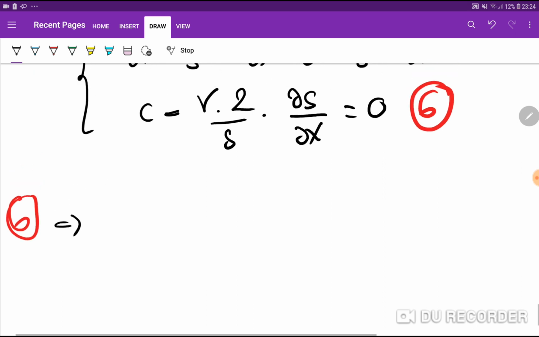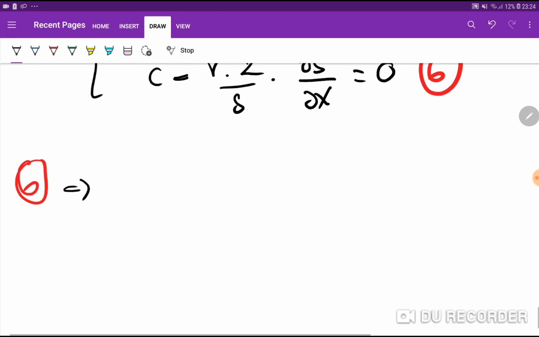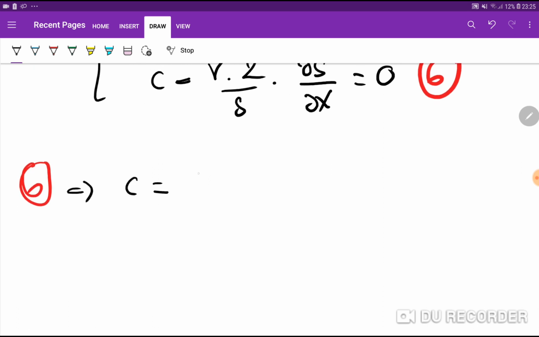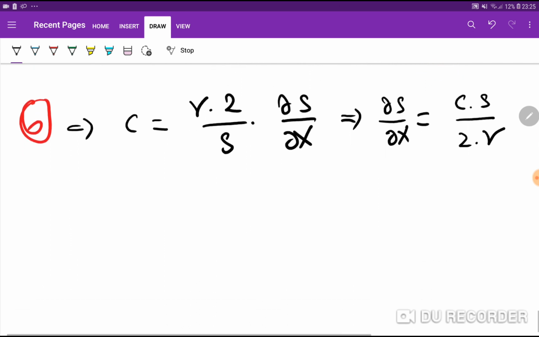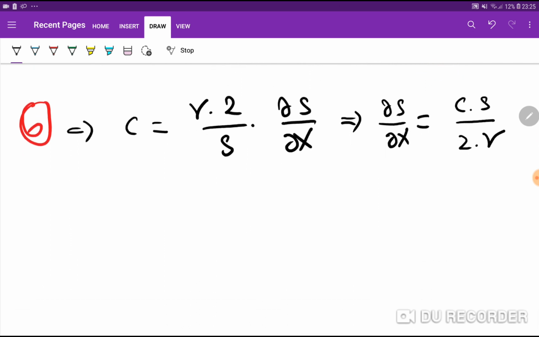So 6, if I rearrange, I will write c equal mu times 2 over s times partial s over partial x. Okay, I will isolate the partial term on one side. So partial s over partial x equal to c times s over 2 times mu. Okay, so I will use the method of separation of variables, s on one side and the rest on another side.